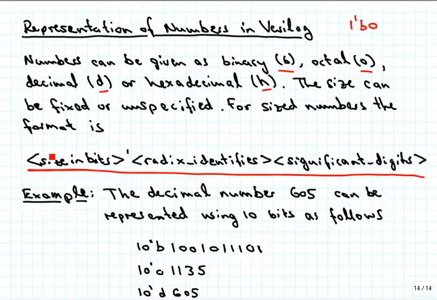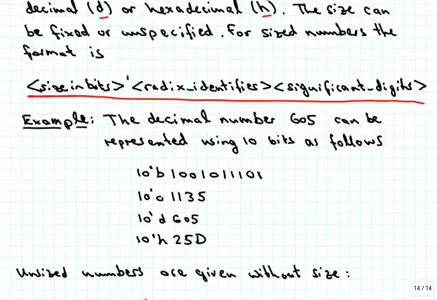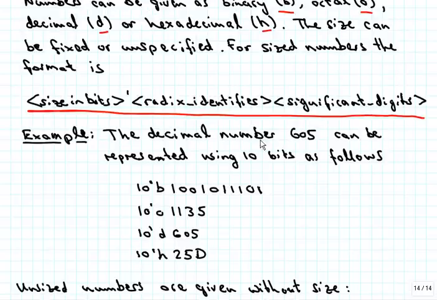So here's an example. The decimal number 605 could be represented using 10 bits as follows. Remember, 9 bits can go up to 512. So 9 bits are not enough for that number. 10 bits can go up to 1023. So this fits into a 10-bit number.